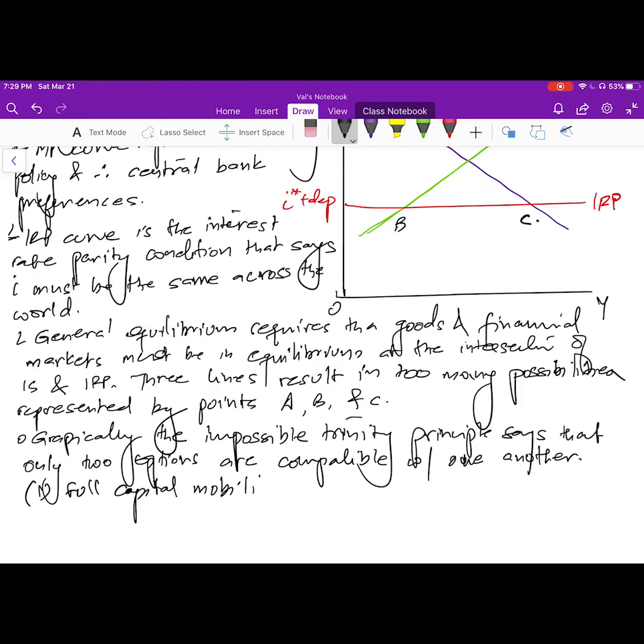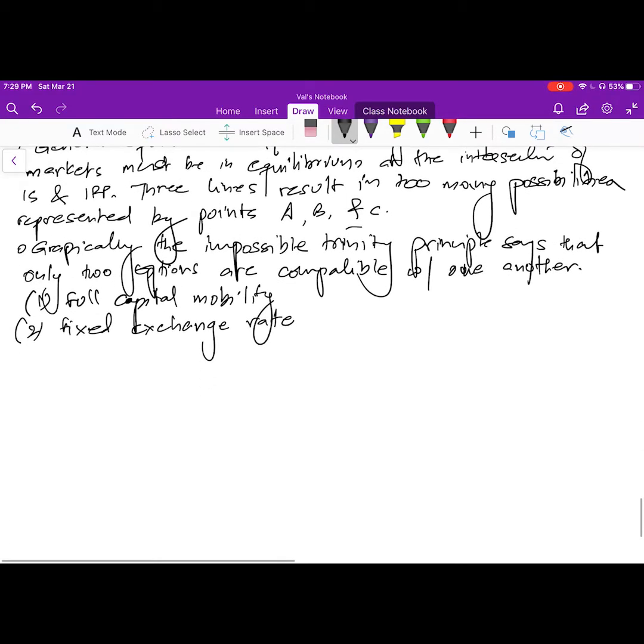Here, you're essentially allowing outside parties or foreigners to invest in your country. Number two, fixed exchange rate. So here you're exerting control over the exchange rate. And number three is autonomous monetary policy. What does that mean? Essentially, you're trying to exert control over monetary policy or interest rates.